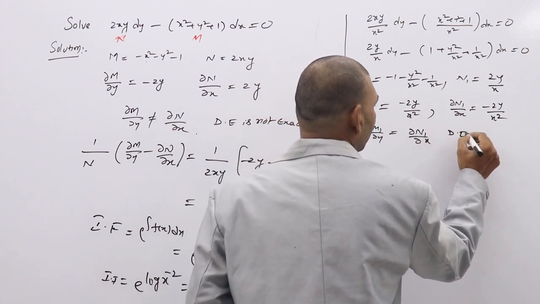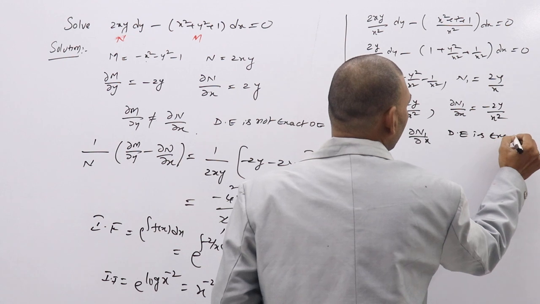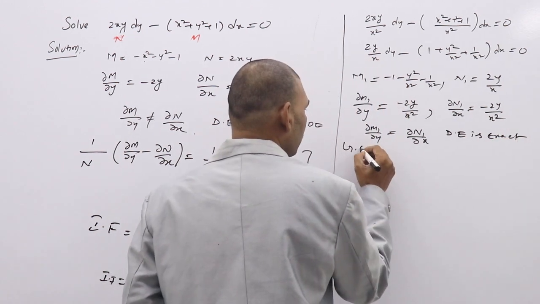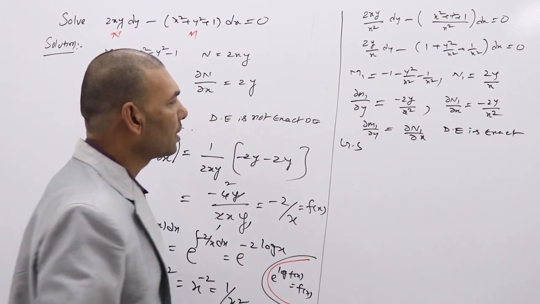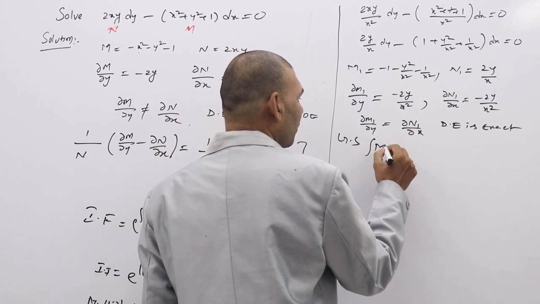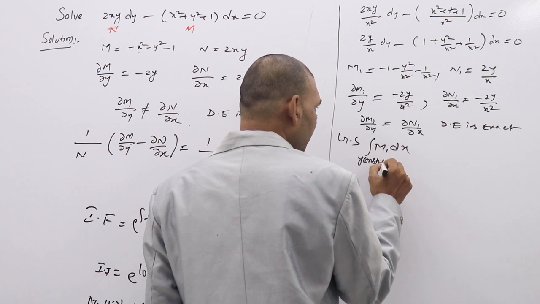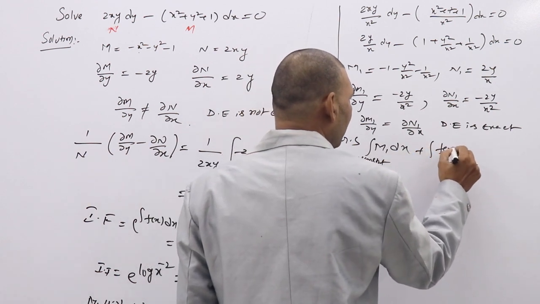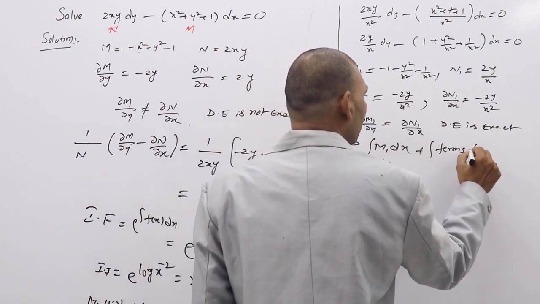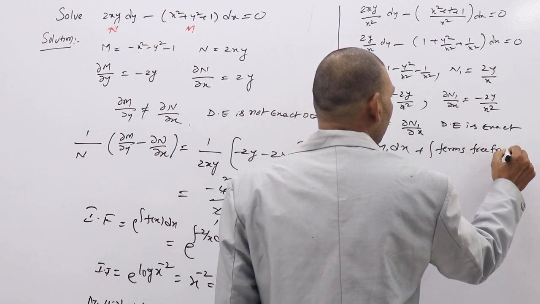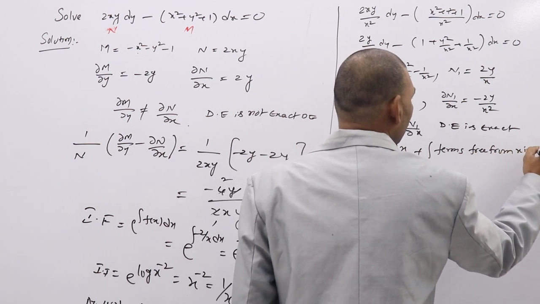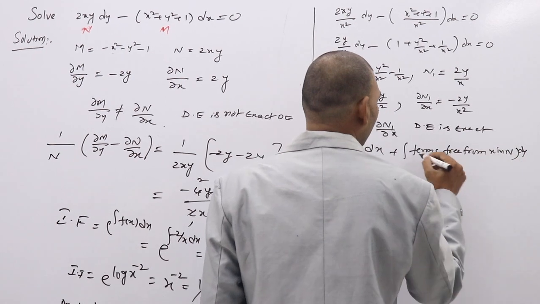The DE is exact. When the DE is exact, the general solution is integral M1 dx, keeping y as constant, plus integral of the terms free from x in N dy, plus c.